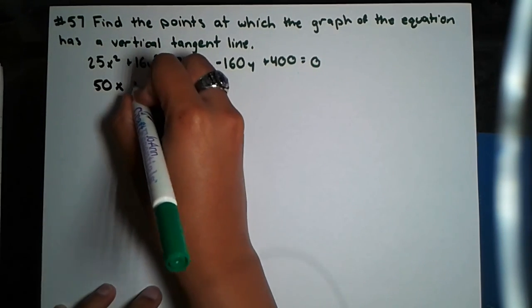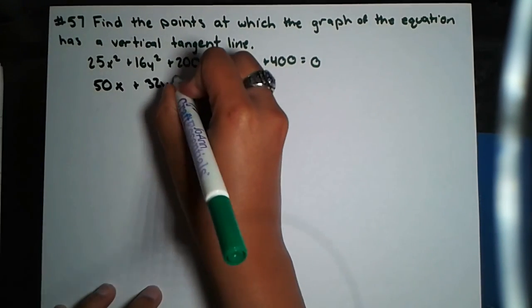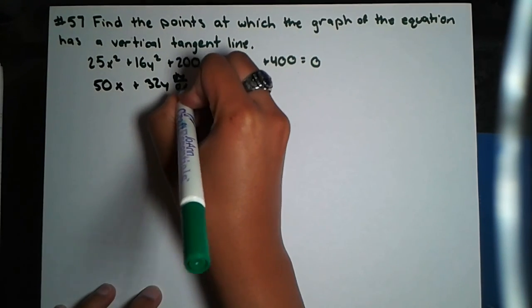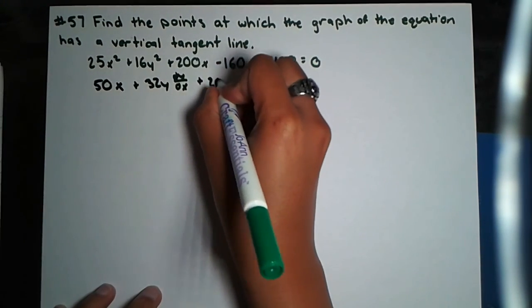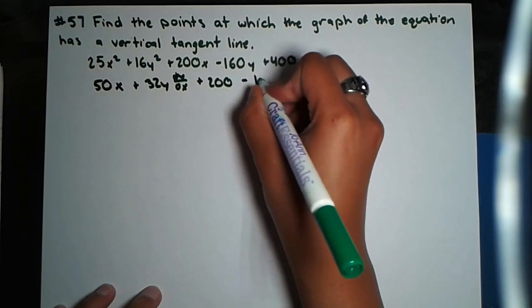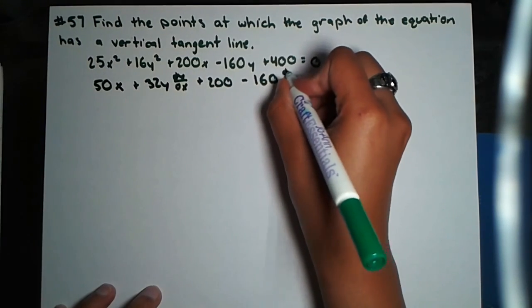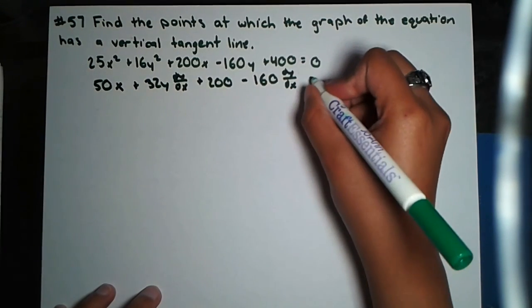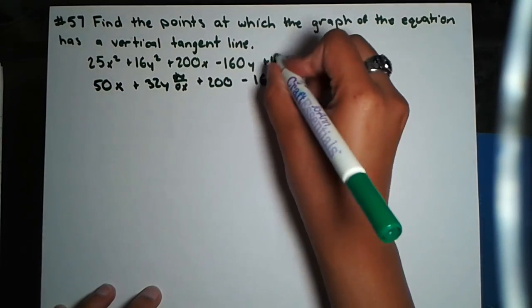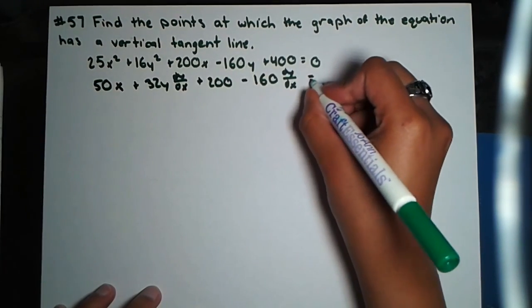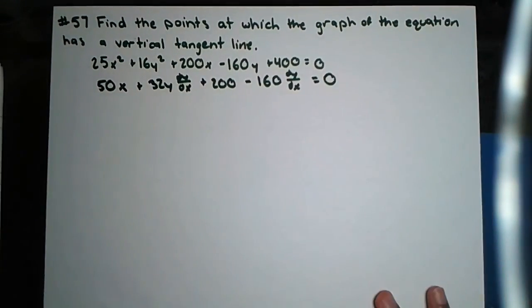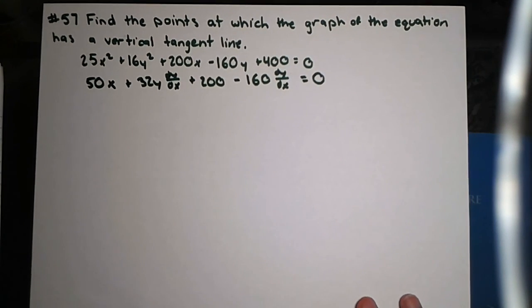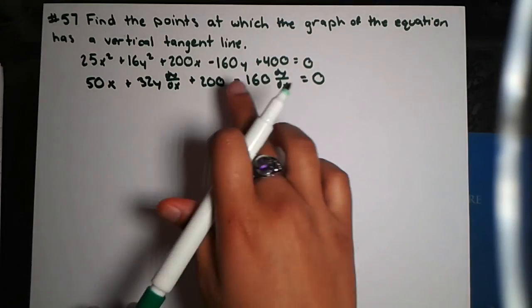So you would get 50x plus 32y dy/dx plus 200 minus 160 dy/dx plus 0 because it's constant, and it equals 0. Next thing you have to do is isolate dy/dx.